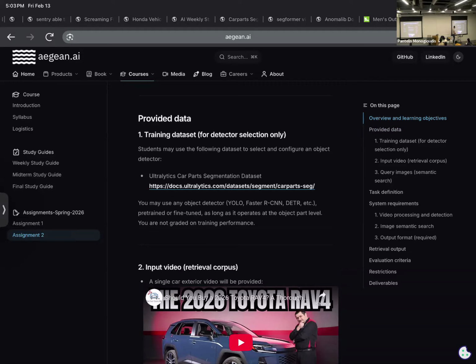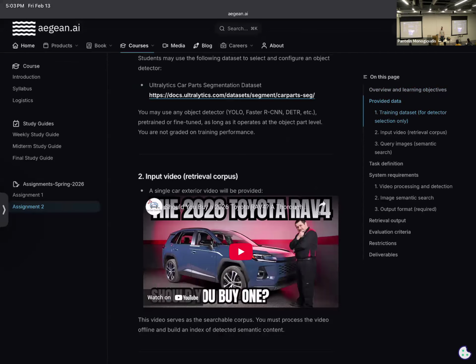This object detector is capable of detecting parts of vehicles, the vehicle as it is presented by a well-known YouTuber who is doing car reviews. Okay, this is the vehicle.